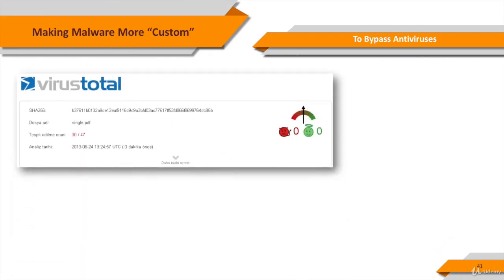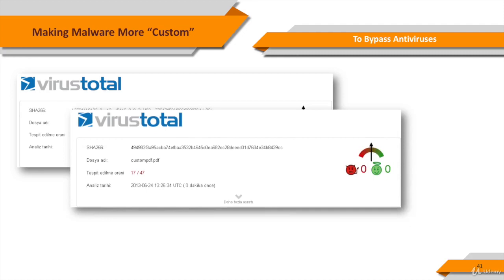In the first picture, a Windows/Meterpreter/reverse_TCP payload embedded PDF file is scanned in virustotal.com. No obfuscation or customization was performed, so 30 of 47 antivirus programs detected it.